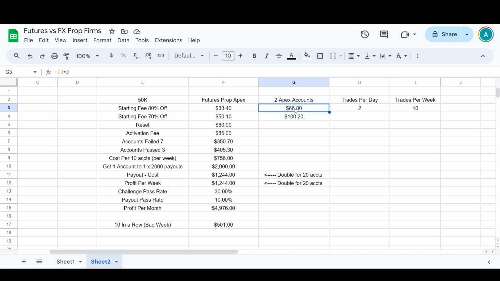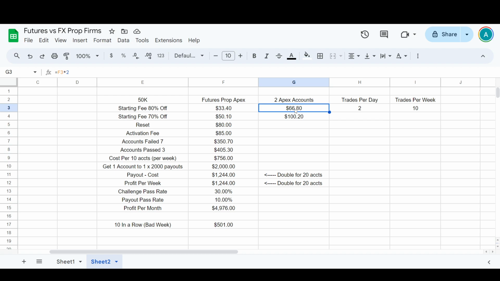You could multiply that by 5. So you would basically have 5 50K accounts on each trade that you take. If you're risking 150 per trade roughly, right, you'd risk 5 separate 50K accounts per trade.